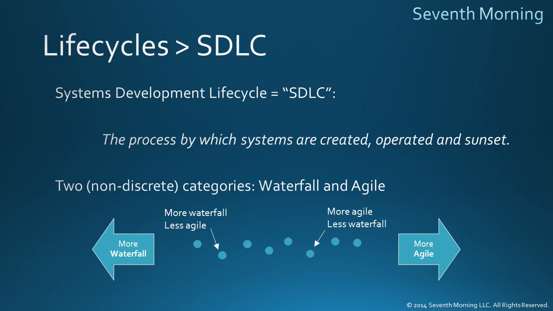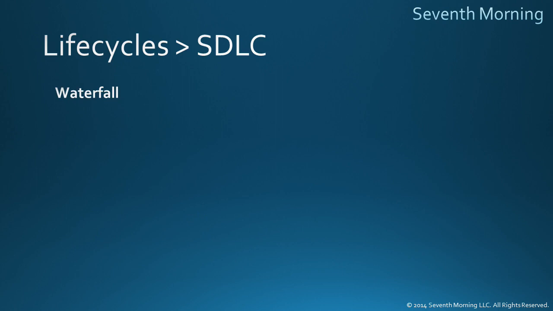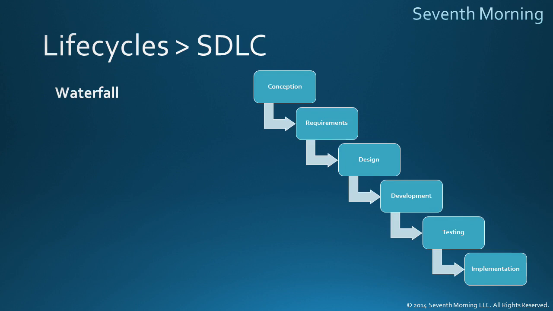So let's take a look at waterfall first. In a waterfall model, you typically have a chart that looks something like this. The typical stages of the waterfall model are just as depicted. There is the conception phase, where the idea for the system is created. Next is requirements, where the functionality and other necessary attributes of the system are defined.